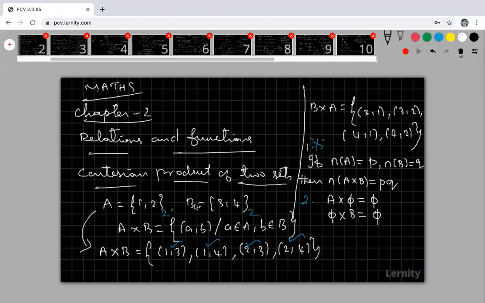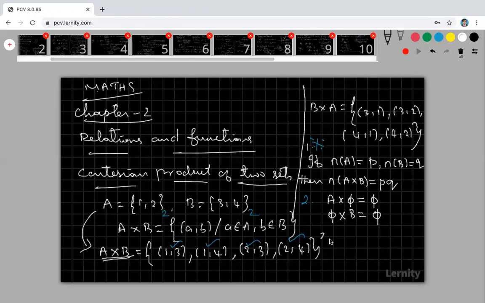So if you want to take a Cartesian product, A and B must be non-empty sets. Then only we can define A cross B or B cross A. If any one set is empty or both the sets are empty, then my Cartesian product is empty only. This is another important point.